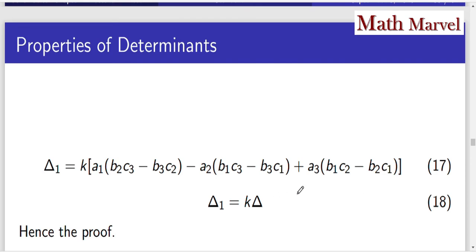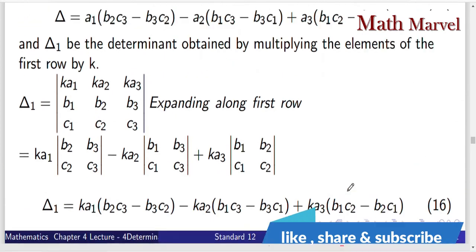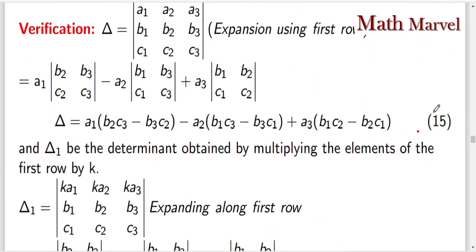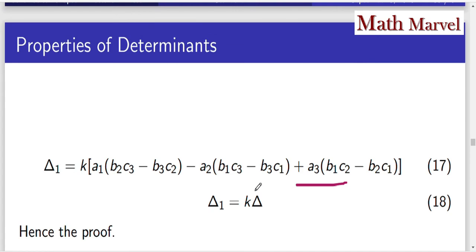Now compare this answer with the value of delta. Observe equation number 15, which is nothing but the value of delta. After simplification, the value we get is the same as the value of delta, so this value is replaced by delta. Here k is common outside, so delta 1 is nothing but k into delta.